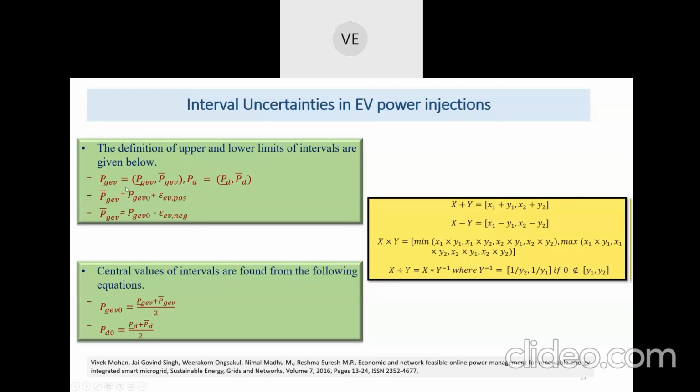This is basically the estimated value, but we can have an error, right? This error is sigma EV positive, to the positive side, and this is the error to the negative side. While considering the error to the positive side, we get the P upper bar, the maximum limit of the range, and the minimum limit of the range we obtain by taking the negative direction.